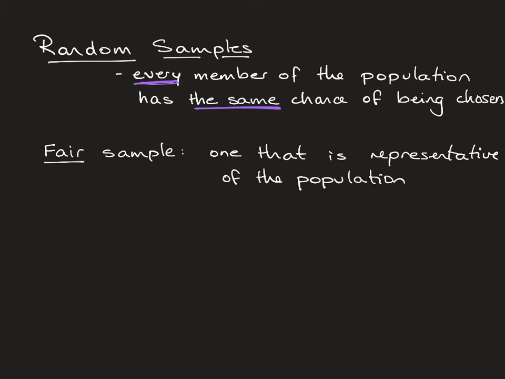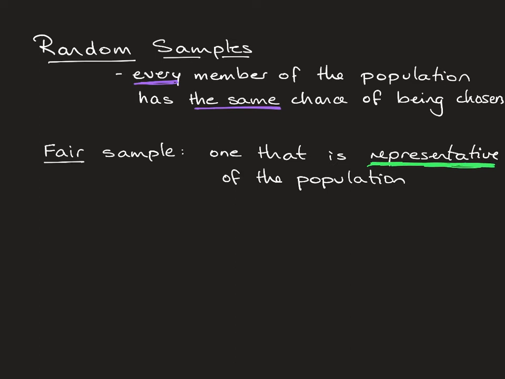The other type of sample that sometimes gets mentioned is whether something is a fair sample or not. If something is a fair sample, it's one that is representative of the population. And then we start to get into sticky areas of what it actually means to be representative of the population.